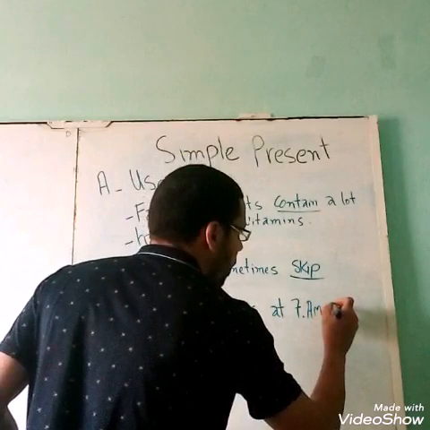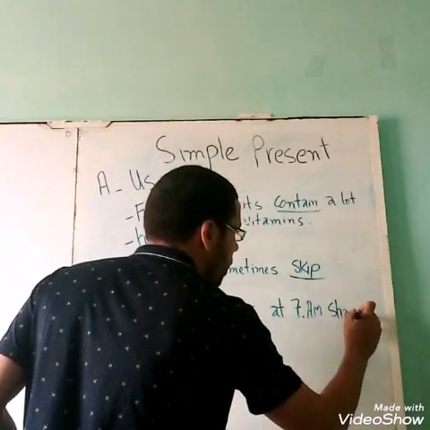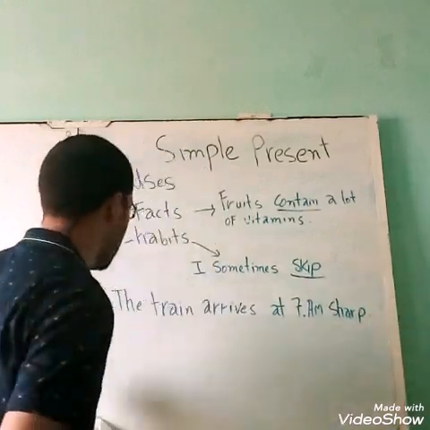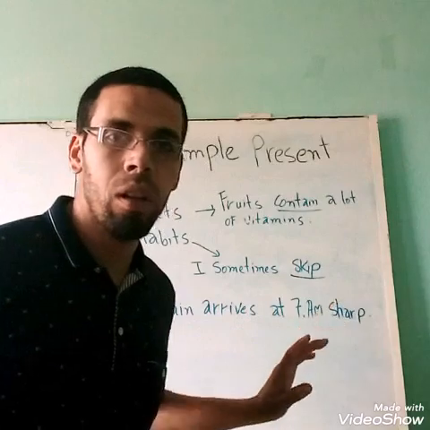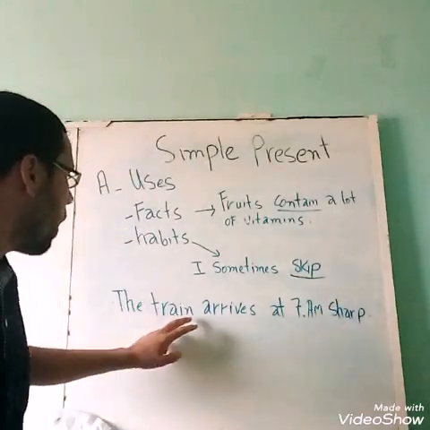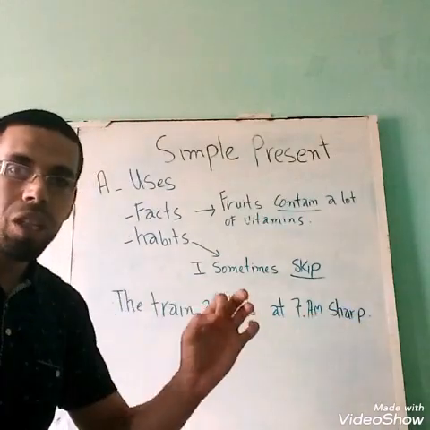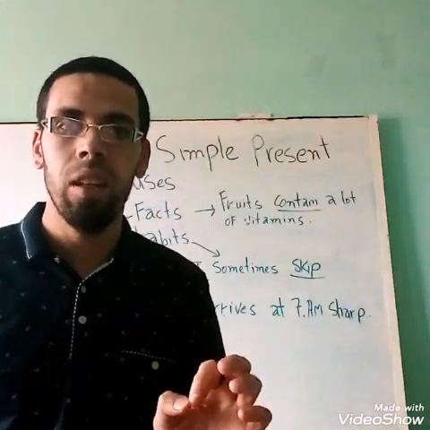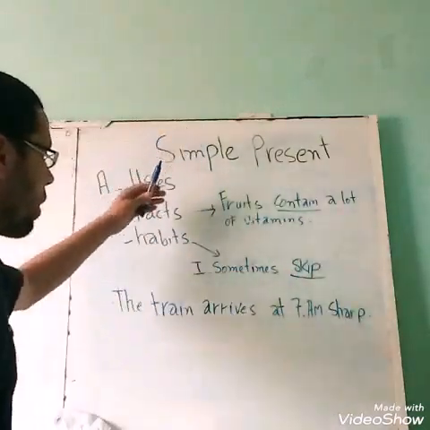A.m. sharp. This is a sentence. The train arrives at 7 a.m. sharp, which means exactly, not more, not less. I hope it's clear for you.